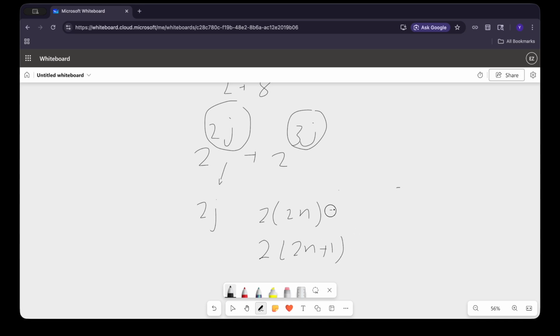For the even case, 2 times 2n is always congruent to 0 modulo 4, and for all the odd numbers, it is always congruent to 2 modulo 4.